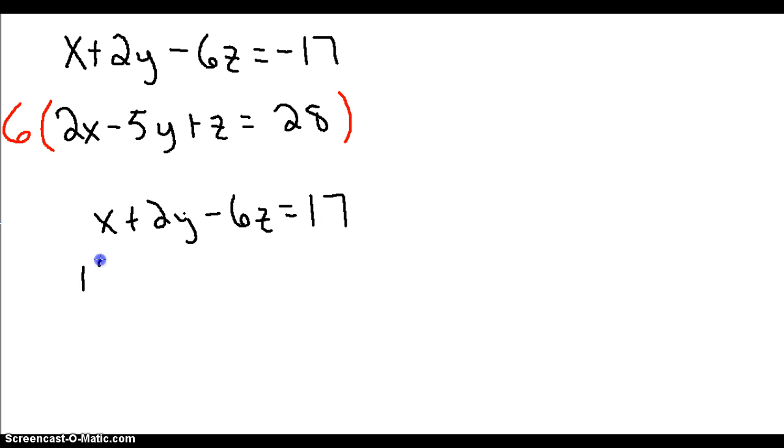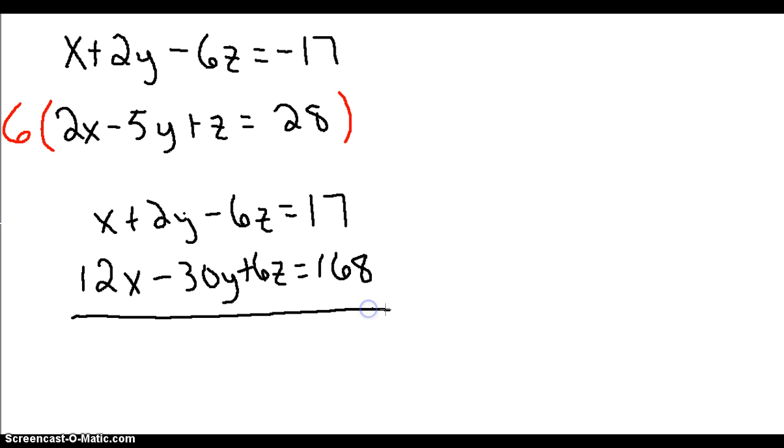So we're going to get 12x minus 30y plus 6z is going to equal, and 28 times 6 will come out to 168. Okay. And again, we're going to add these two equations together.